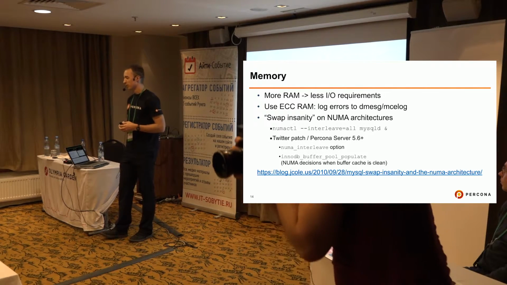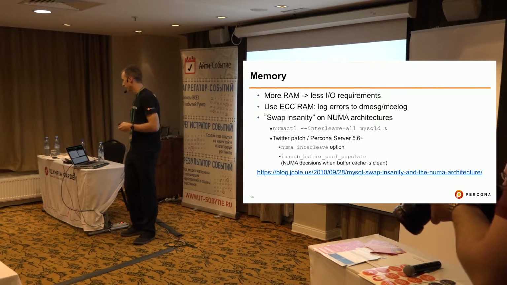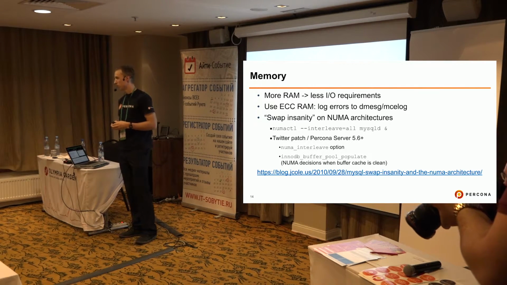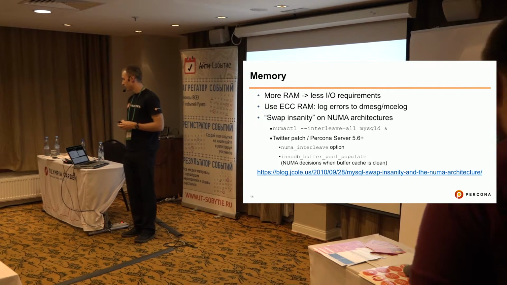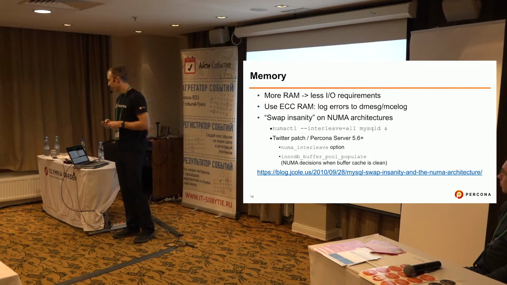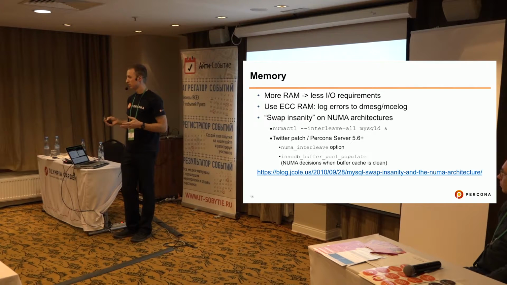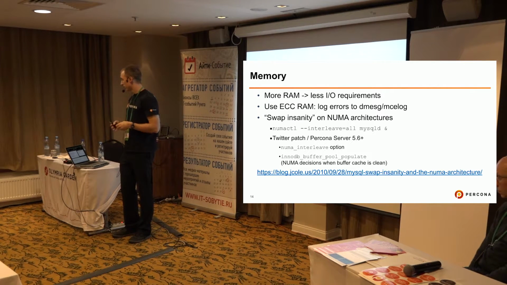For example, if you have like 64 gigs of RAM and an InnoDB buffer pool size of 48 gigs or more, then Linux will decide to swap some potential amounts of memory, even though there is no real memory pressure, and this swapping can really be bad.